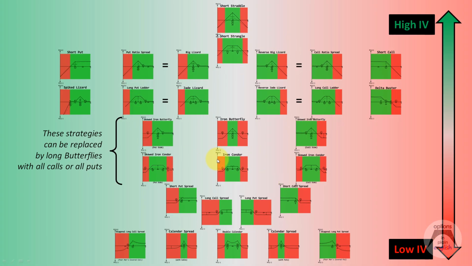So of course, there are many more strategies that you can do with options, and in particular, we're only looking here at premium selling strategies, which are the strategies that we concentrate on.